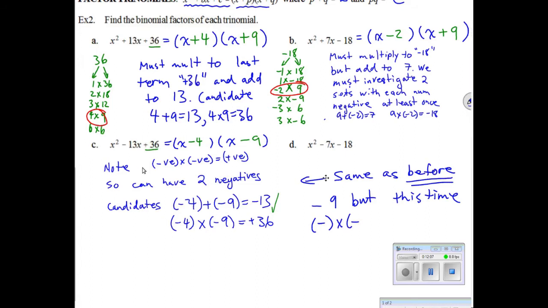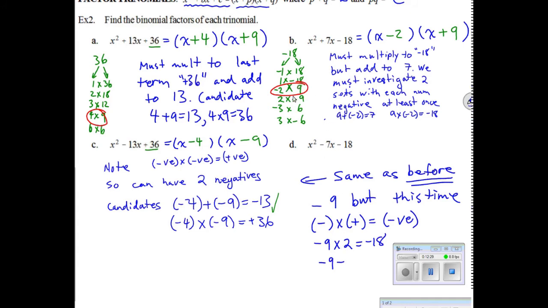It's the same as this one that we had before, except this time you have a minus and a plus. A minus and a plus gives us a negative, doesn't it? Right? So that means one of them must be negative and one of them must be positive. So if I go back up here, if you think about it, it's got to be one of these, right?